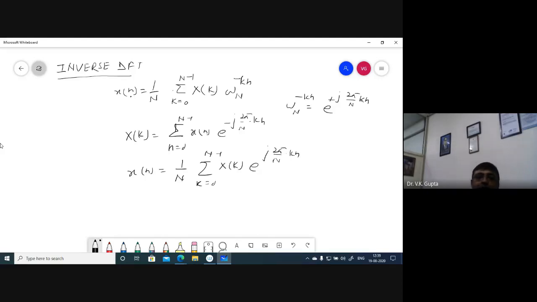Means for DFT we have a minus sign here, whereas for inverse DFT we have a plus sign here. That's why we put minus kn here. That minus minus will be plus here.